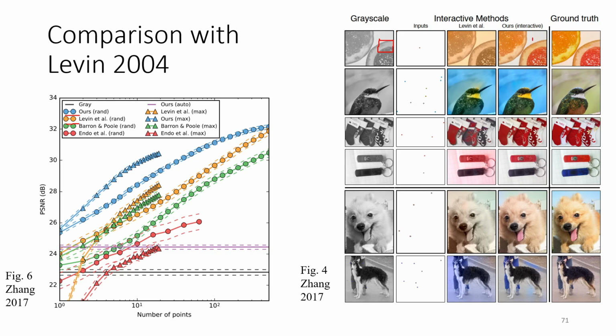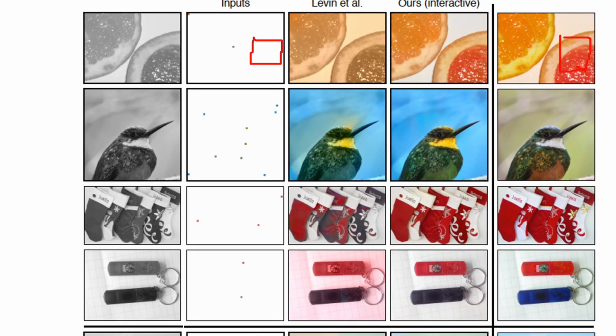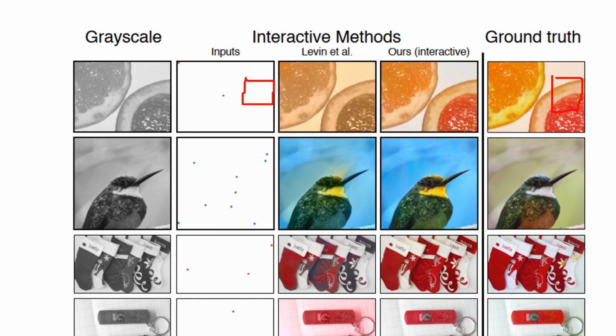The color of this region should follow a certain distribution, so it will reconstruct the color. So that's the reason when we see other pixels, if there are more reference points, it will generate a result like this. And the last one is the ground truth image.